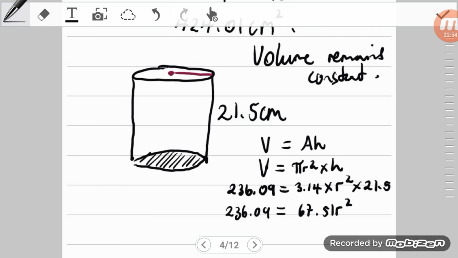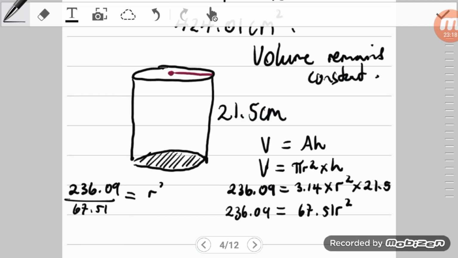Now, we have to remove the multiplier here, the coefficient of 67.51. So we're going to divide both sides of the equation by 67.51. So that's 236.09 divided by 67.51, and that will result in r squared being the subject.